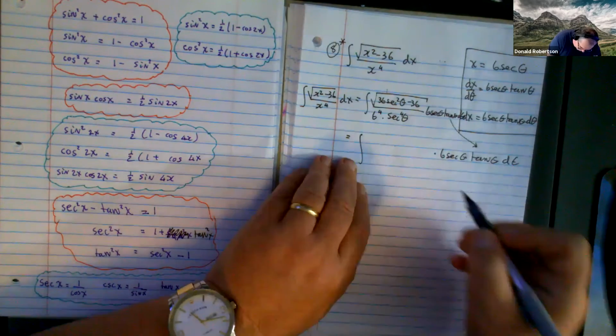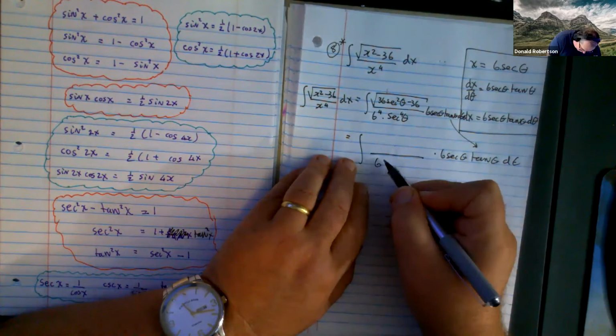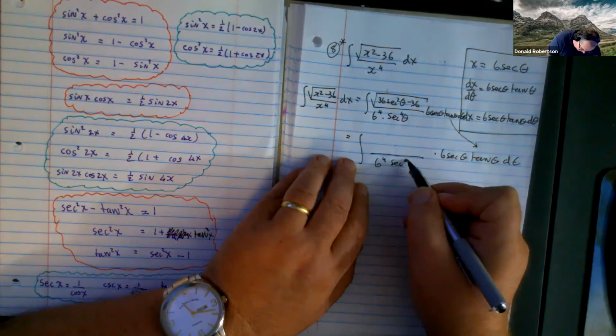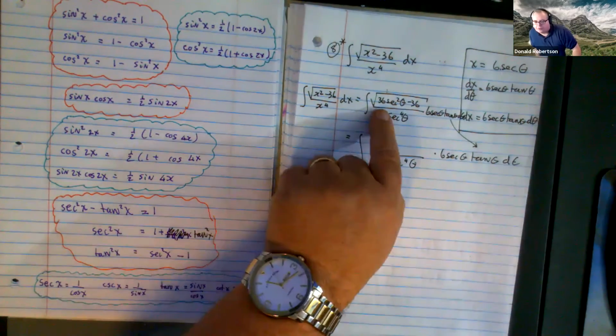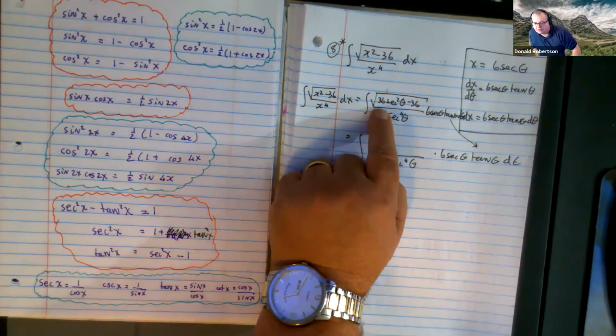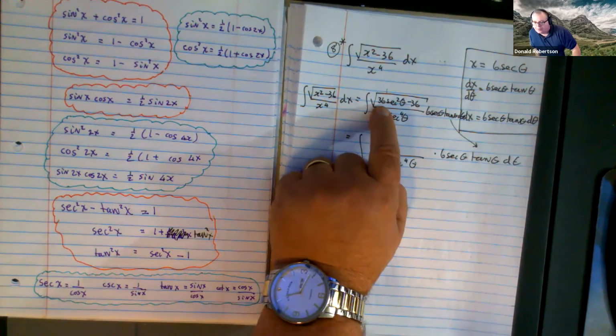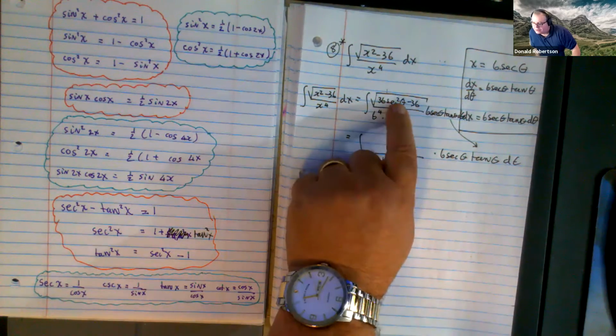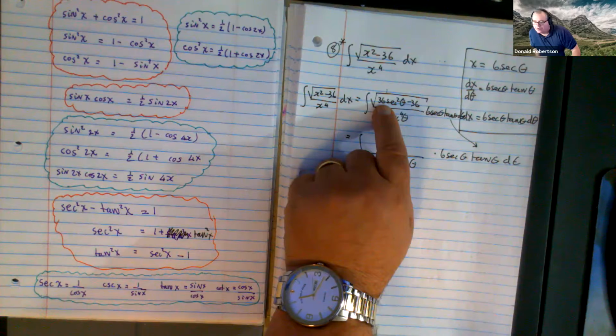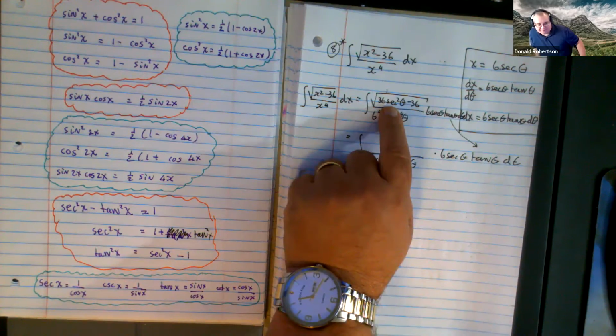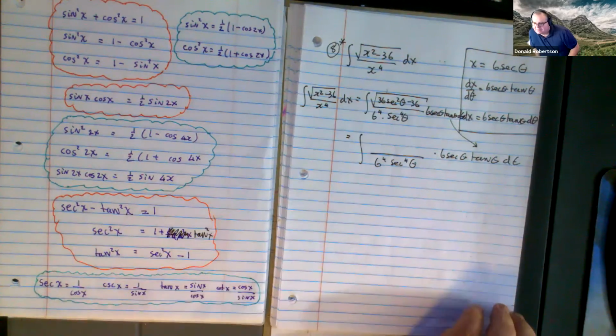Okay, at the bottom, I'll just leave for a few seconds more. The square root guy, he's going to come out nice. You can pull out 36 as a common factor, agreed? And won't that leave you with secant squared minus 1? What is a secant squared minus 1? Tan squared.